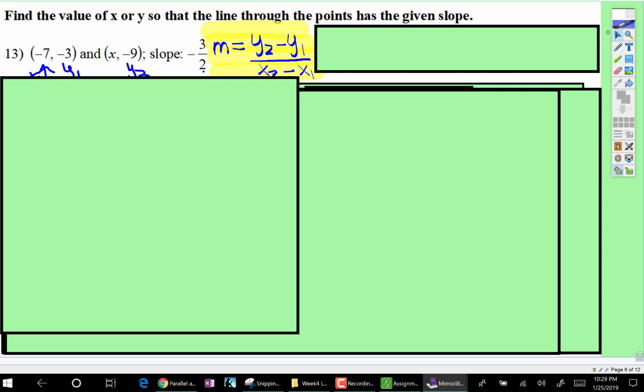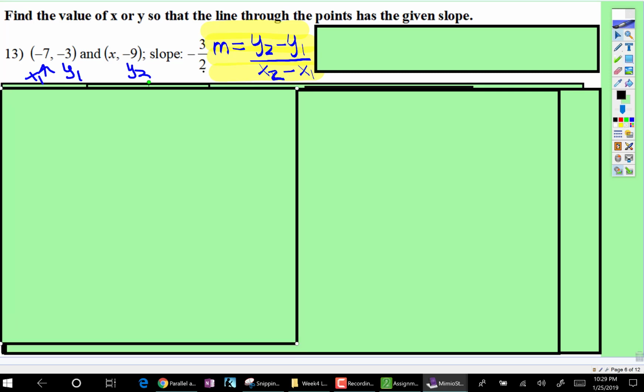What happens now if we're given the slope and we're given one full point, but part of the second point is missing and we don't have a graph of it? Well, we could use the slope formula, but instead of m, we could fill in m is negative 3 over 2.